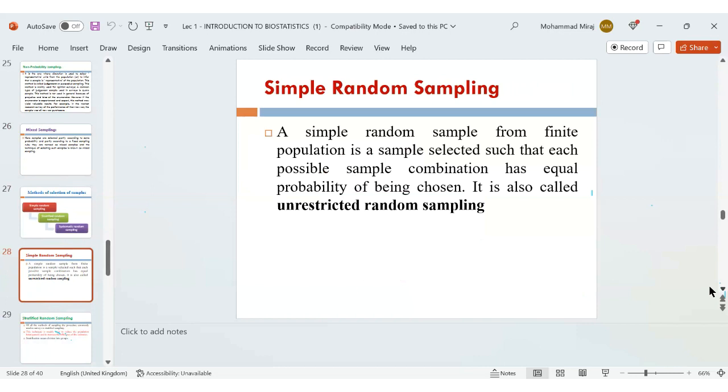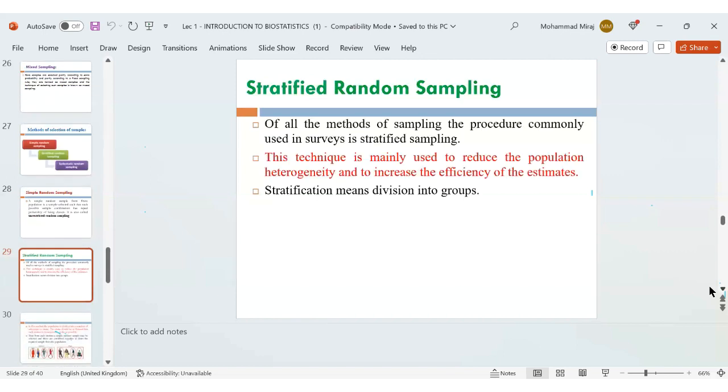That means when we talk about simple random sampling, each and every component of that group has a strong chance of being selected. That's why it is also known as unrestricted random sampling, because it is unrestricted. You can randomly choose anyone. Of all the methods of sampling, this procedure is most commonly used in stratified sampling.